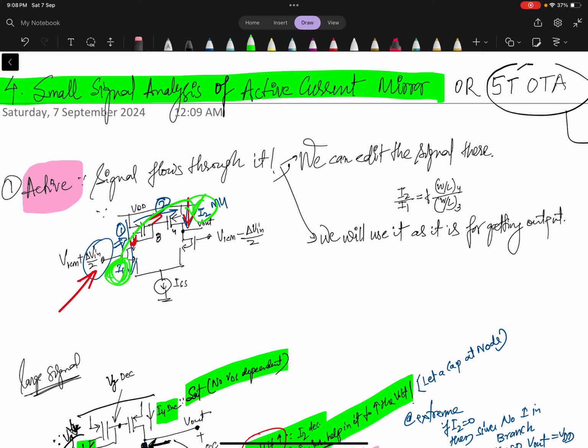So I1 is being used here at M4, and that is why this structure is called an active current mirror.